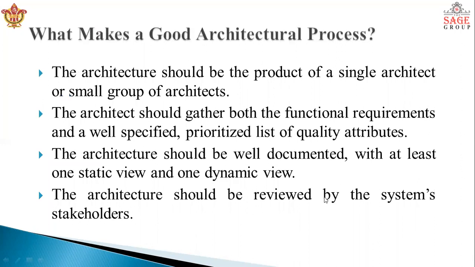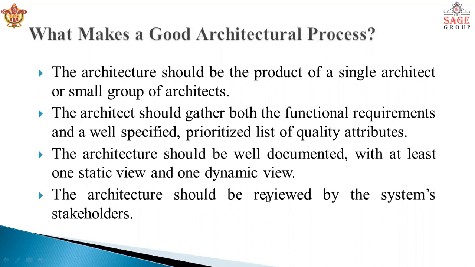And what makes a good architectural process? Here we discuss the good architectural process. The architecture should be the product of a single architect or a small group of architects. The architect should gather both the functional requirements and a well-specified list of quality attributes.